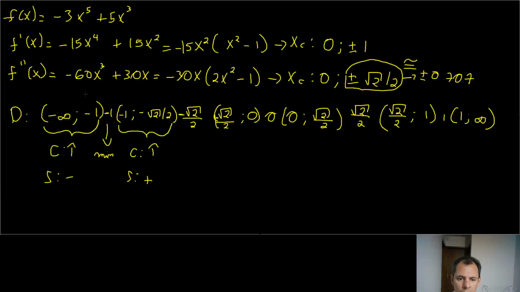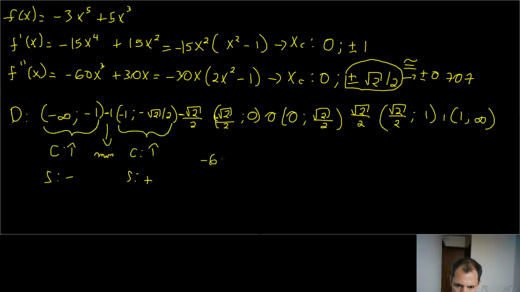For the concavity to be up, when you put minus 4 divided by 5 in here, it also has to be a positive thing. So let's see if it is.